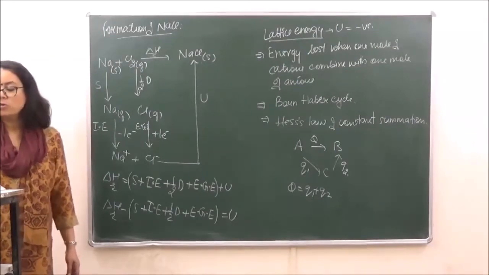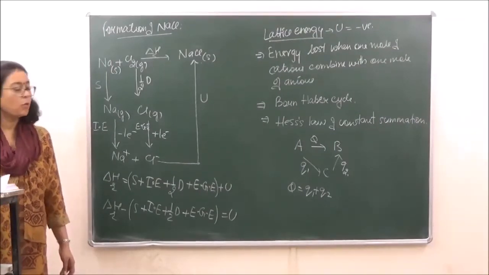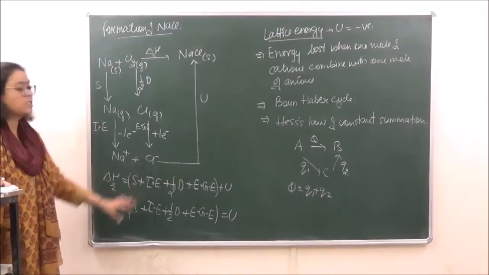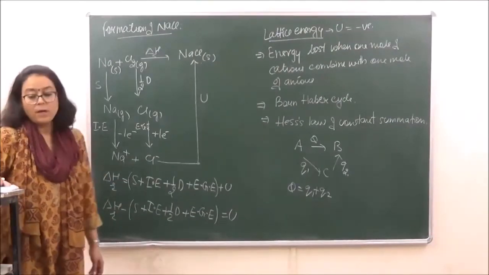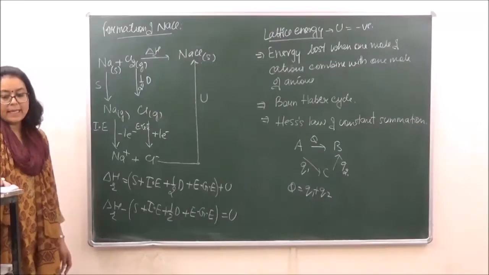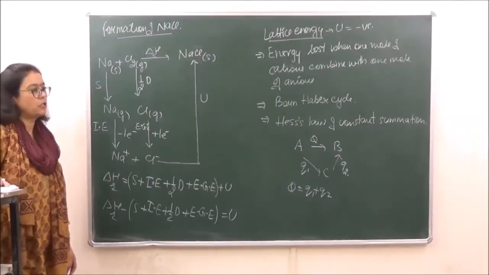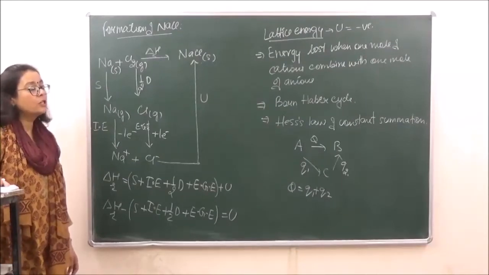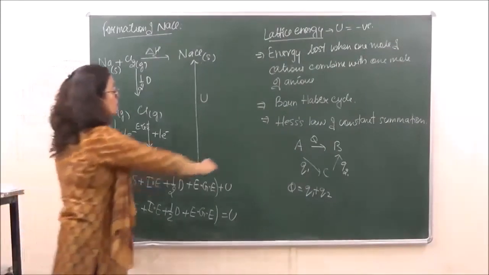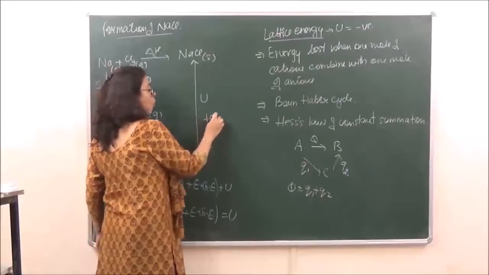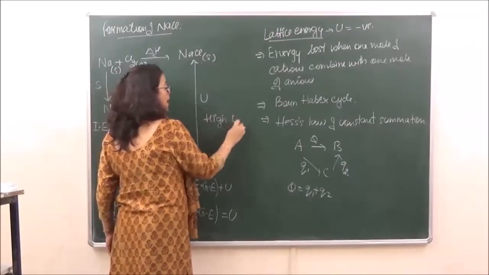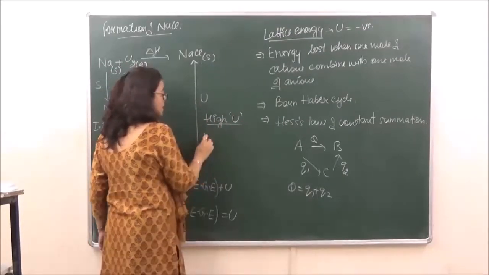Okay? We will also do this in thermodynamics once again, but over here only this much is required for you to remember. Now we say that all the compounds which have a high value of lattice energy, that is, more energy is released, what will the consequences be?